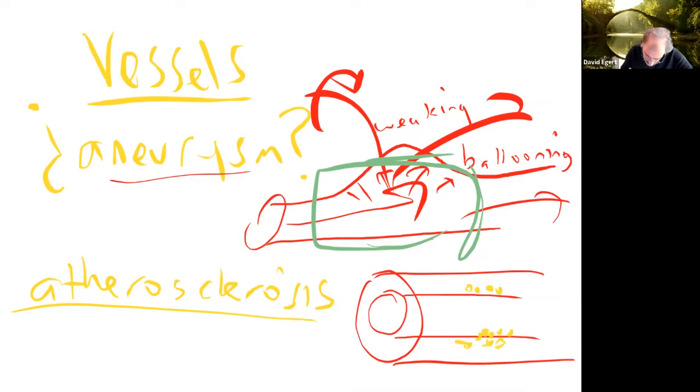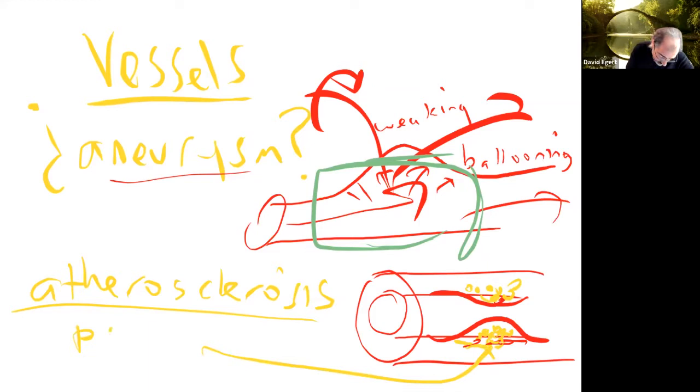The smooth muscle starts proliferating, you get lipids in there, and it basically starts to narrow the passage, the lumen. So this thing here, we call a plaque. It's basically smooth muscle and lipids. That's obviously going to impede blood flow, increase resistance, and make it harder for the blood to get where it needs to go.